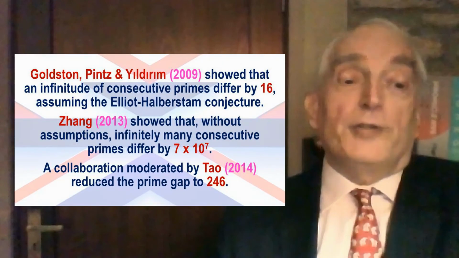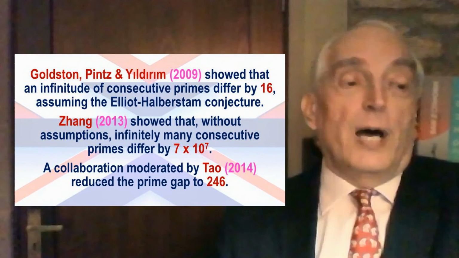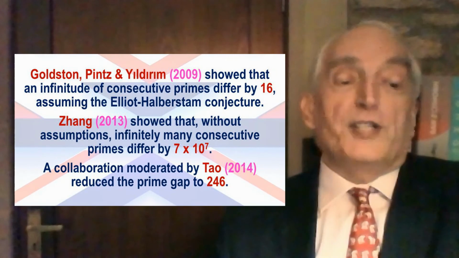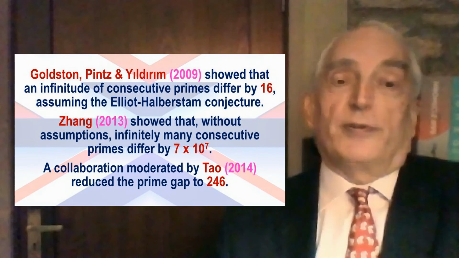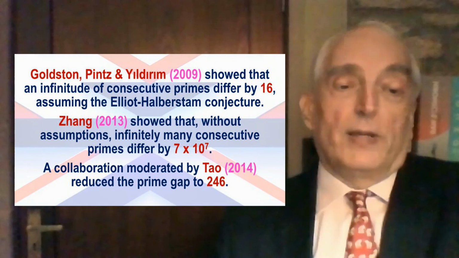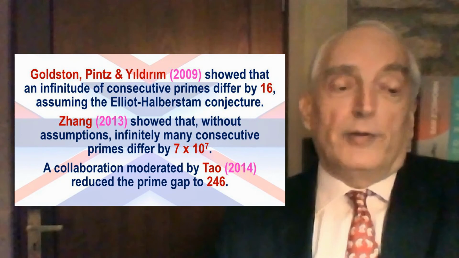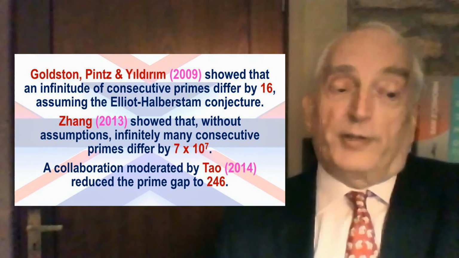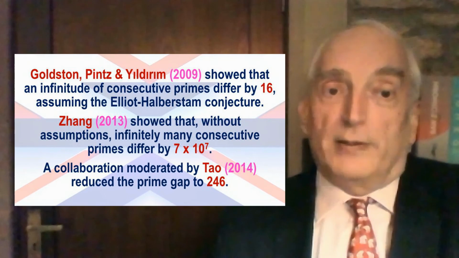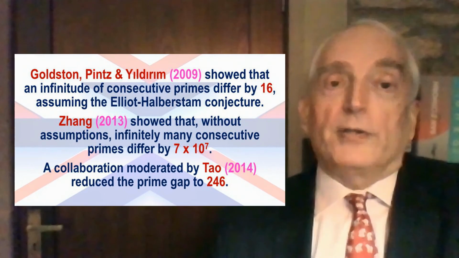Goldston, Pintz and Yildirim in 2009 showed that an infinitude of consecutive primes differ by 16, but under the assumption of the as yet unproven Elliott-Halberstam conjecture. Yitang Zhang came along in 2013 and showed that without assumptions, infinitely many consecutive primes differ by 70 million. Now this astonished the world.